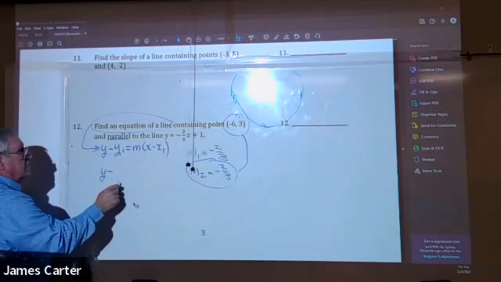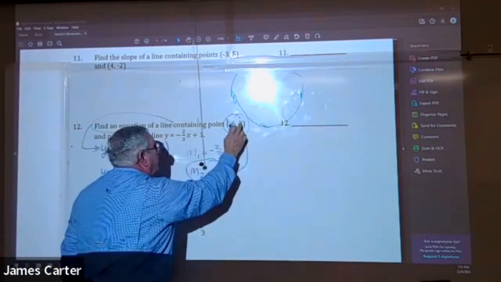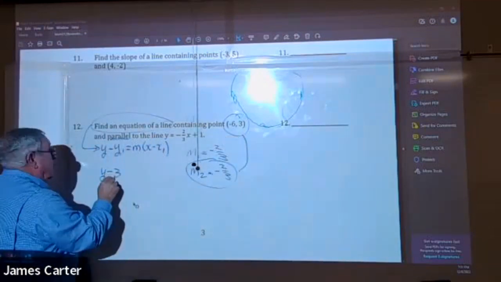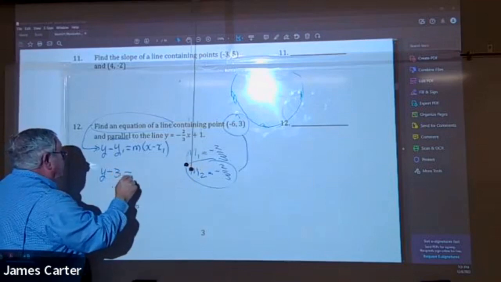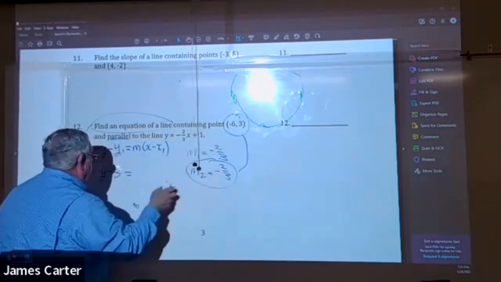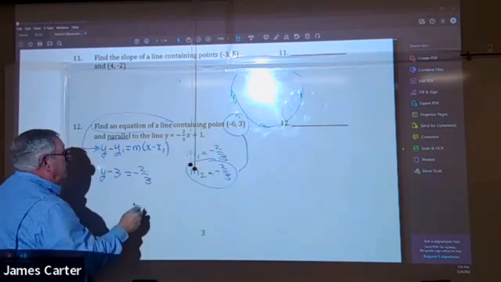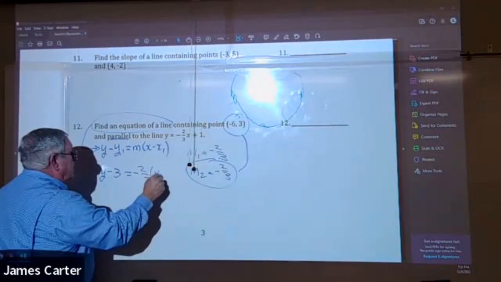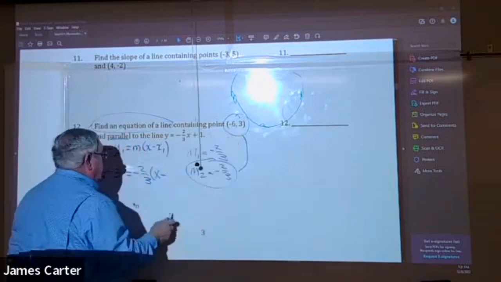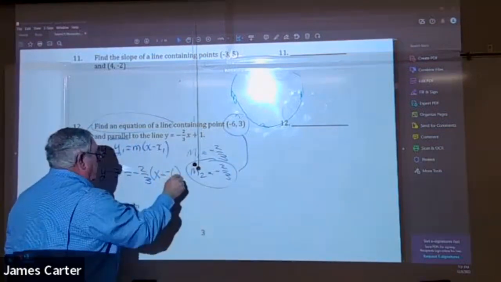y minus y1, 3, equals the slope, -2/3, times x minus the x value.